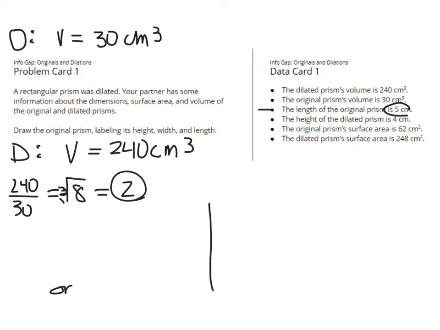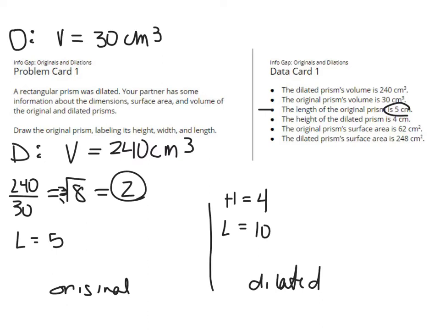Original over here, and dilated over here. So the original length is 5 centimeters. That means my dilated length is going to be times 2. The height of the dilated is 4, so the height of the original I'm going to divide by 2.